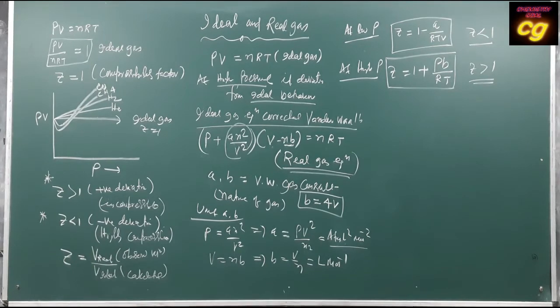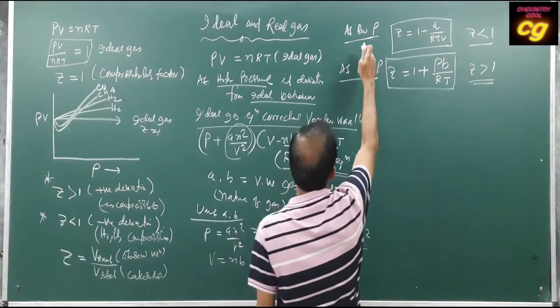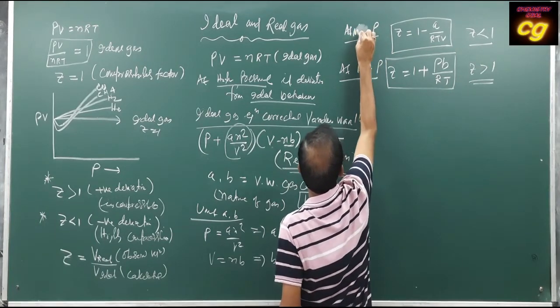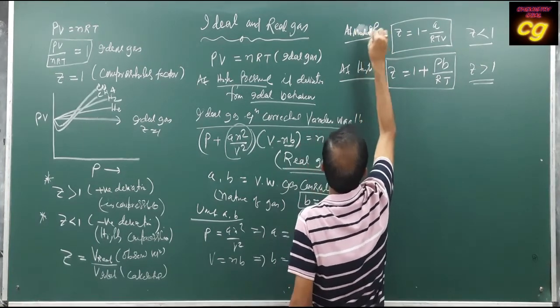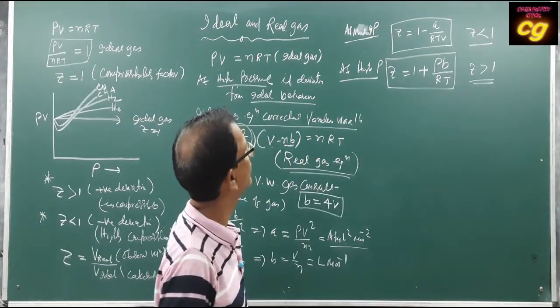So this equation is related to moderate pressure, we can say, not low. At moderate pressure, Z is less than 1.